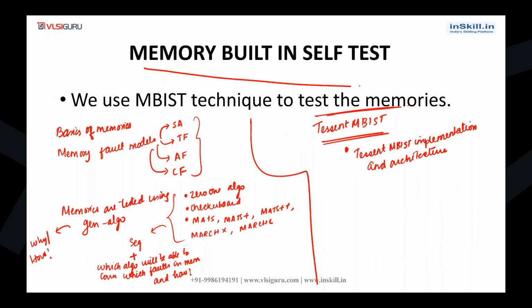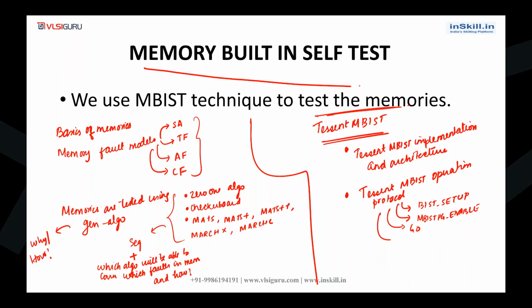Okay, we'll be covering the Tessent MBIST implementation and architecture. We will be covering the Tessent MBIST operation protocol. While understanding this, we will understand signals like the BIS setup signal, MBIST PG enable, and then the go signal and done signal.